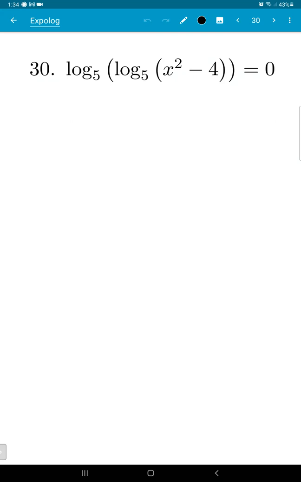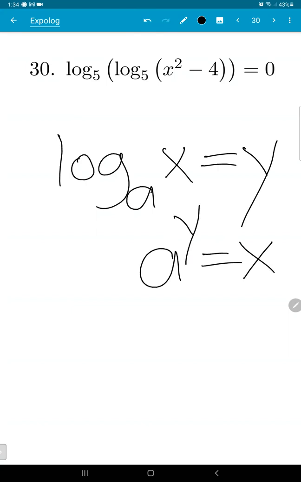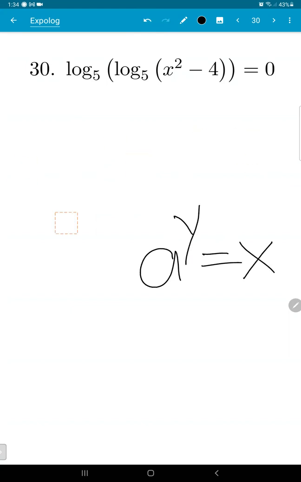Mr. Diaz and Ms. Batol. So you just have to convert to exponential form, right? Remember this. Just raise a to y, and equate that to x. And you do it several times.